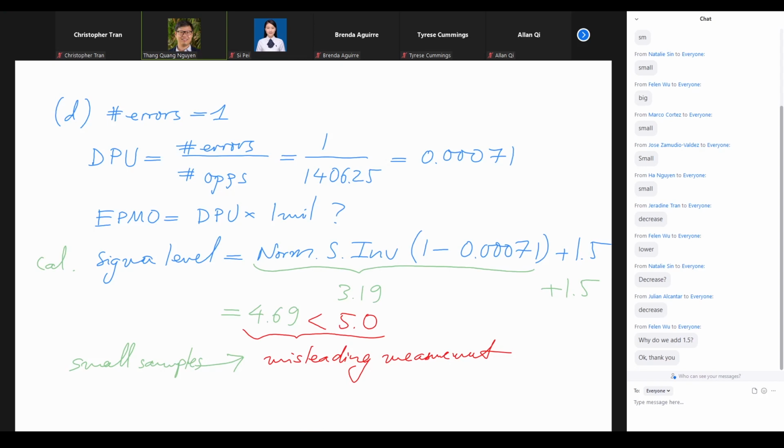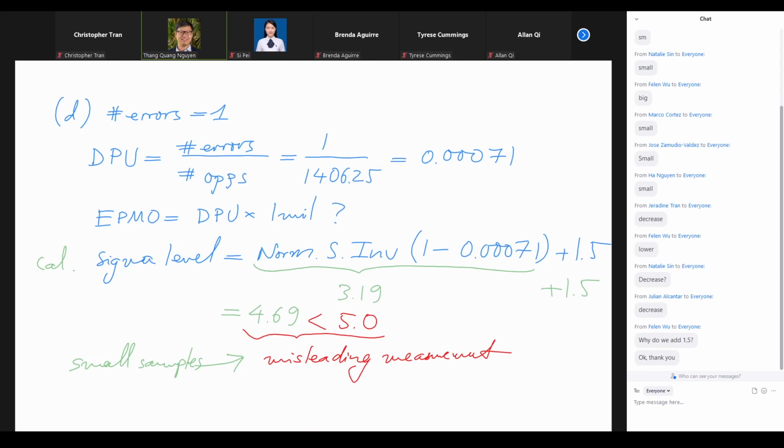So when we calculate the sigma level, it's going to be significantly lower than the actual or the underlying sigma level, right? It's supposed to be 5.0 or close around that, but here we have 4.69. So it's way lower, right? So we call that a misleading measurement because we have a small sample.